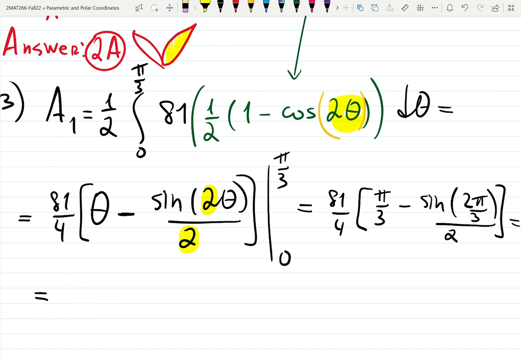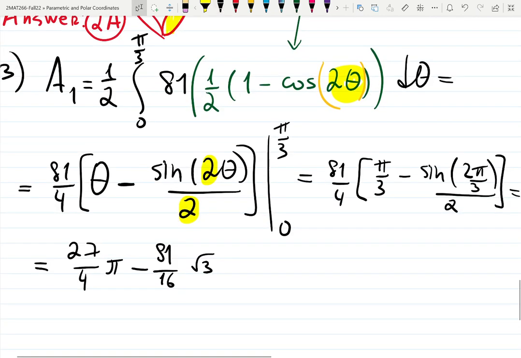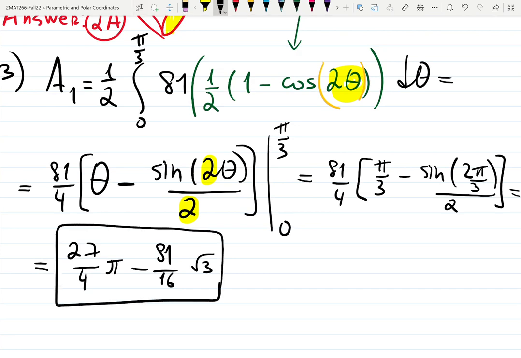So 81 and 3 cancel out. It becomes 27 over 4 pi. Again, you don't have to cancel it out, but since I see solution in front of me, why not? Then I have 81 over 16 square root of 3. Square root of 3 over 3, remember? So that is the first answer, area number 1.